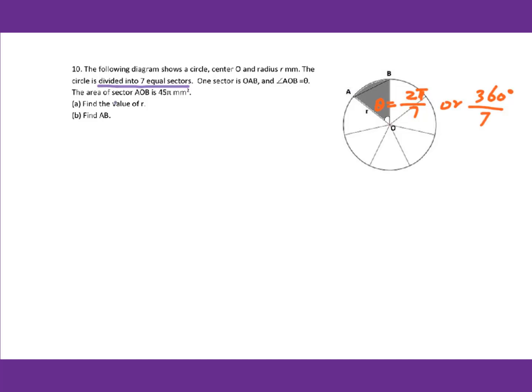We know the area of sector AOB equals 45 pi millimeters squared. Since the sector area equals 1/2 theta r squared, this theta means the central angle in radians. In other words, we have to use this for theta.